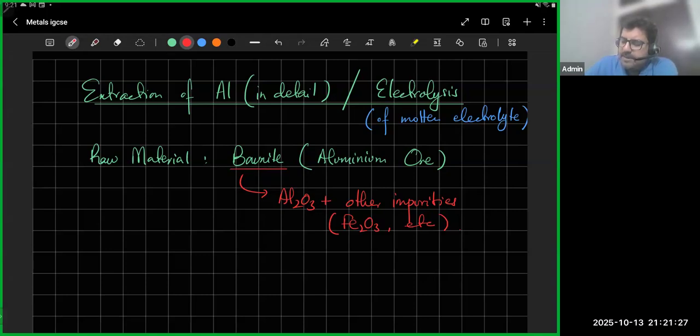One thing about aluminium is that it is one of the most abundant elements in the Earth's crust.